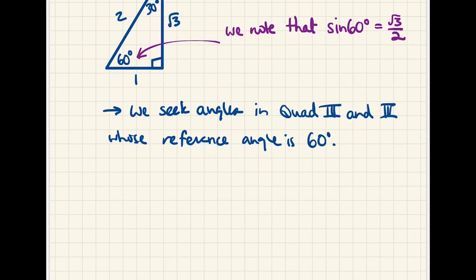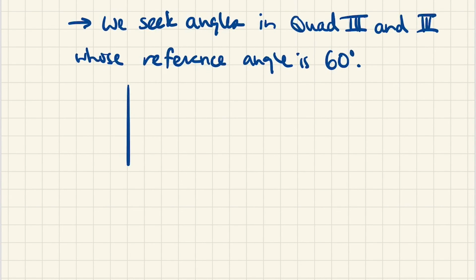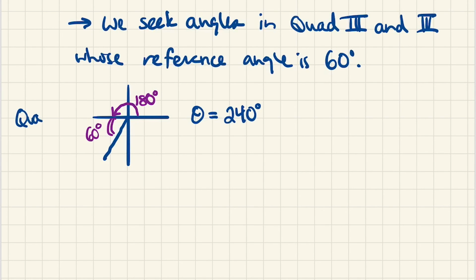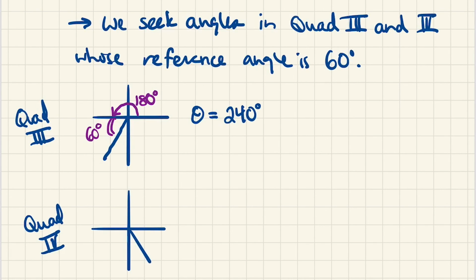Okay, well, what would that be in quadrant 3? In quadrant 3, there's the angle with a reference angle of 60 degrees. But you can see we would just have to add 180 to that. So we would get theta equaling 60 plus 180, that's 240 degrees. Okay, what about quad 4? So in the fourth quadrant, there's our reference angle of 60 degrees.